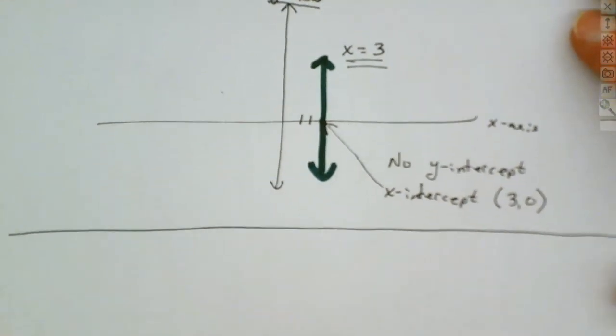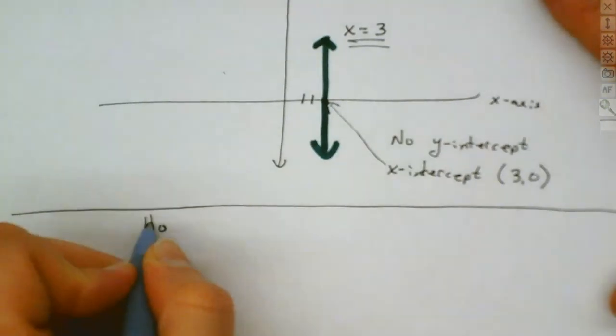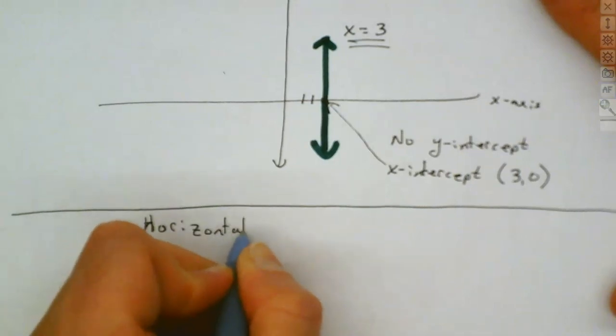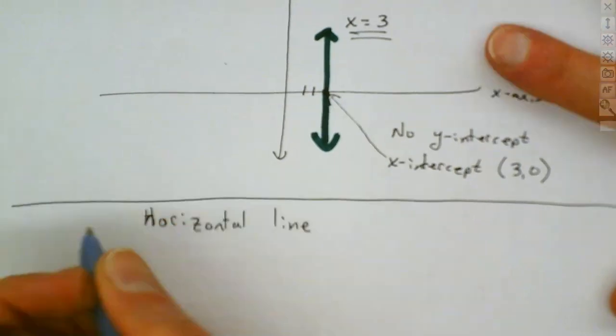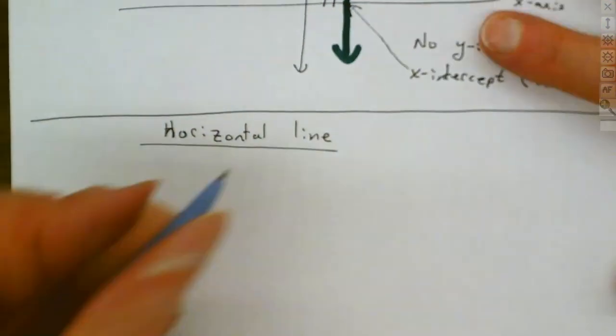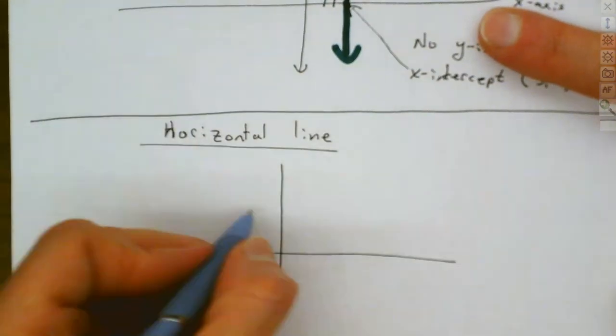What about a horizontal line? Well, a horizontal line, what would that look like? Horizontal line would cross the y-axis.